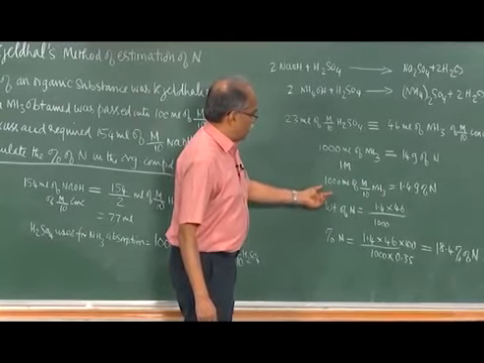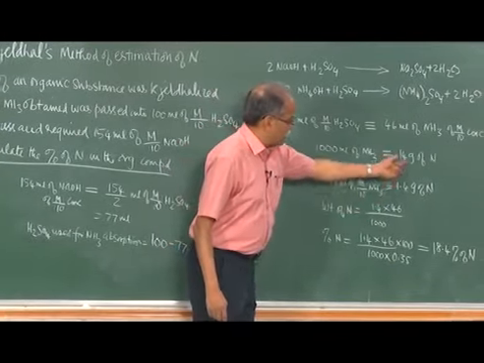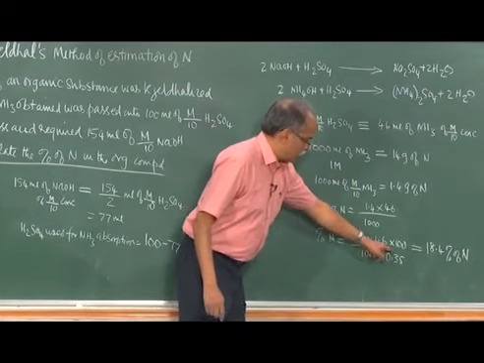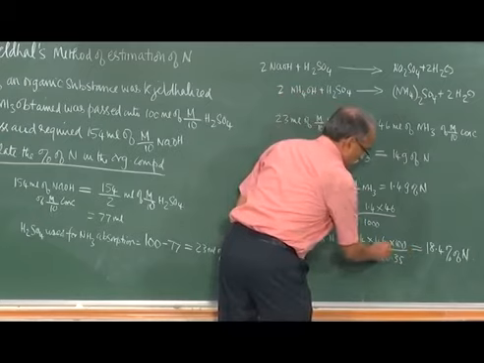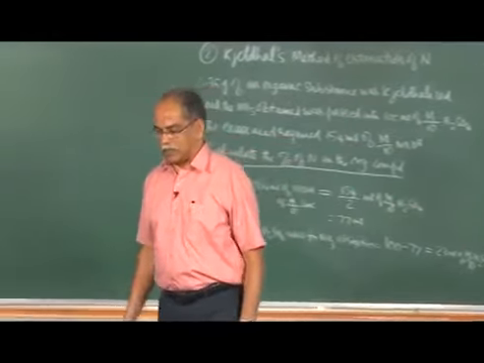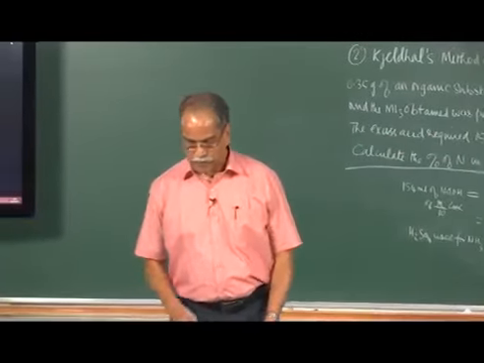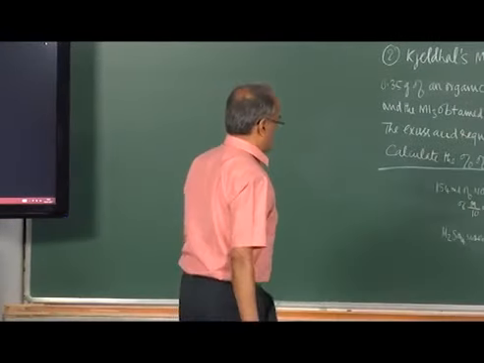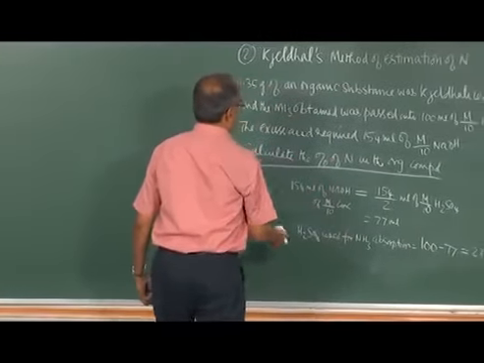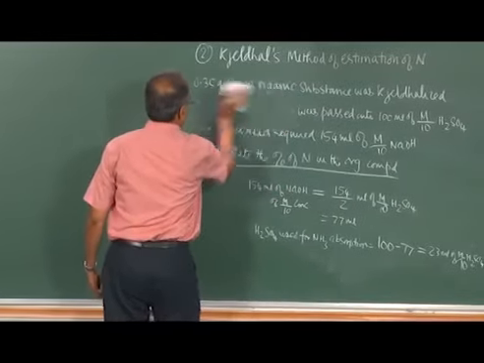So, for 1/10 of the molar solution, it will be 1/10 of the weight, and that is present in the given organic compound. So, percentage weight you need to calculate by multiplying by 100, which gives you the percentage nitrogen present in the organic compound. I hope these two arithmetic examples illustrate the use of the Kjeldahl's method for the nitrogen estimation.